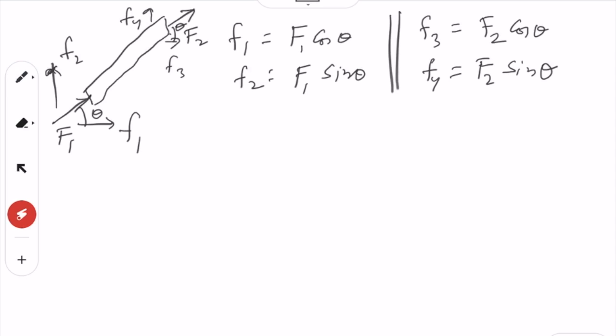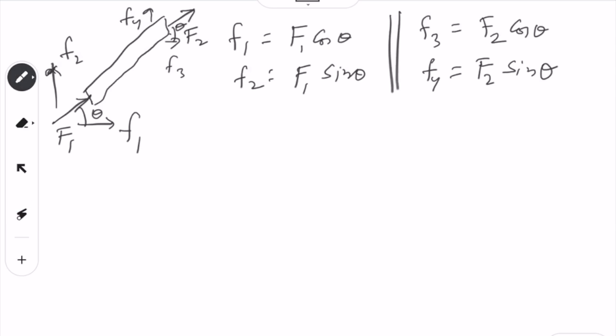So this is how, in this case where F1 is given, you can find out the components. Similarly, given the components, you can also find out the force in this direction. So the inverse of that.